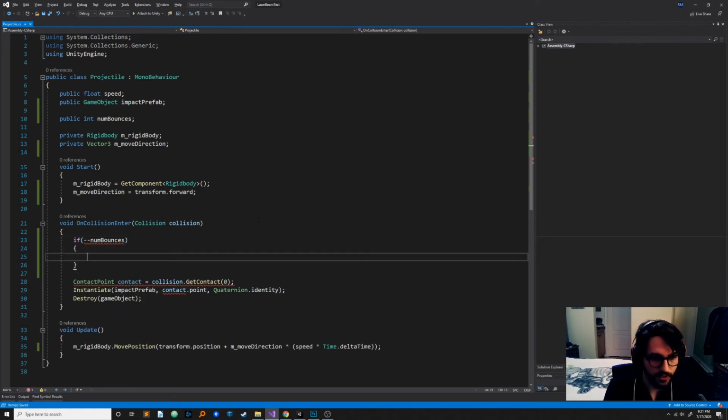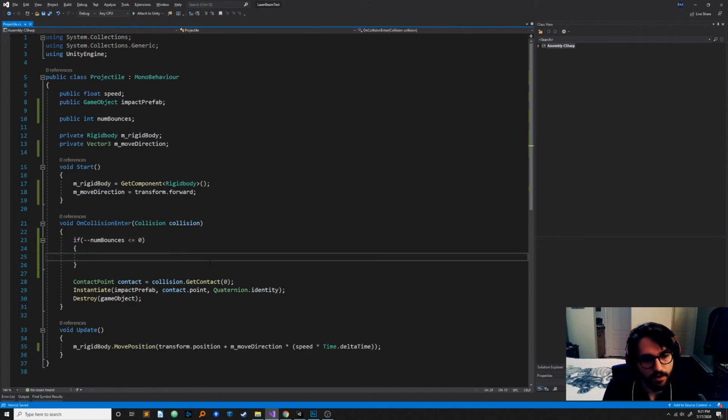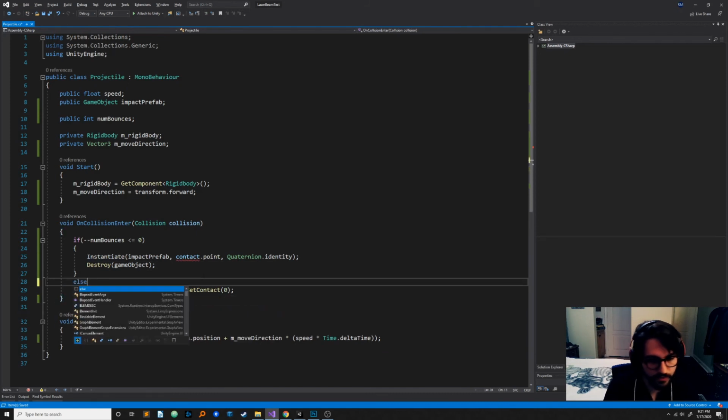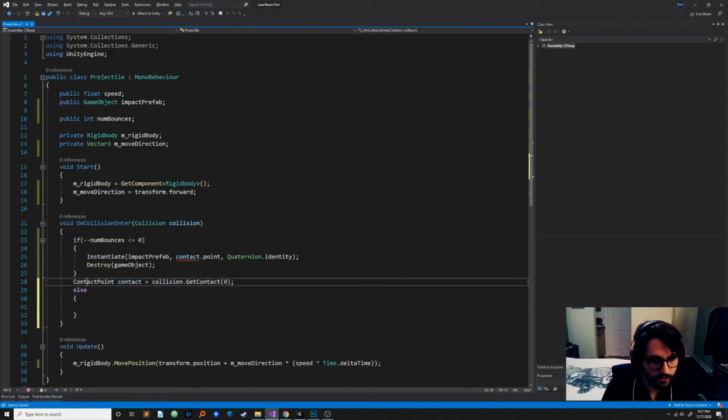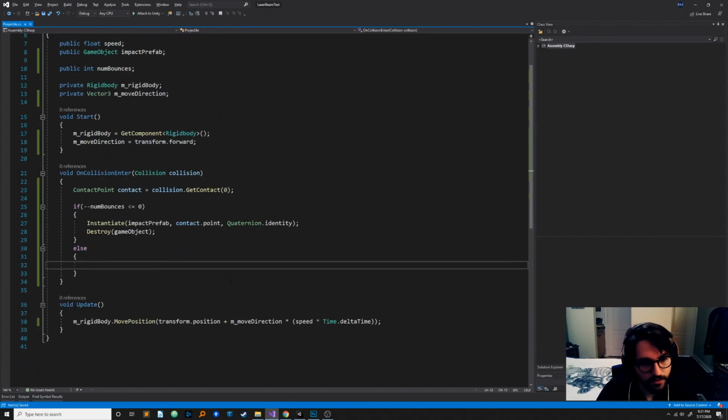If this is less than or equal to 0, then we want to do all this over here: instantiate the prefab and destroy the object. Otherwise, we're going to bounce.